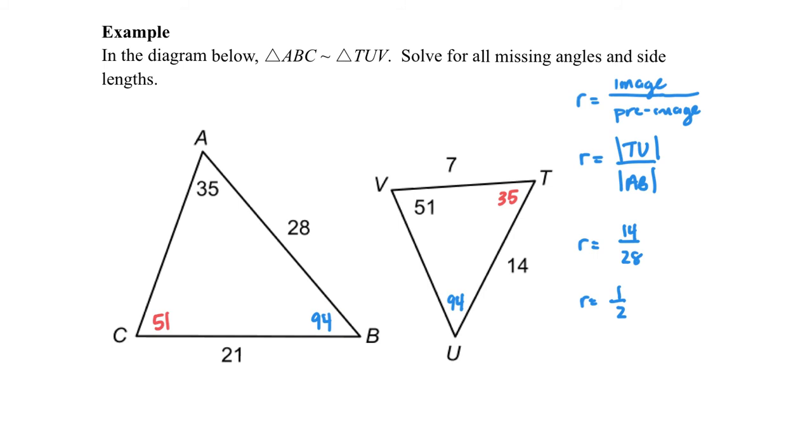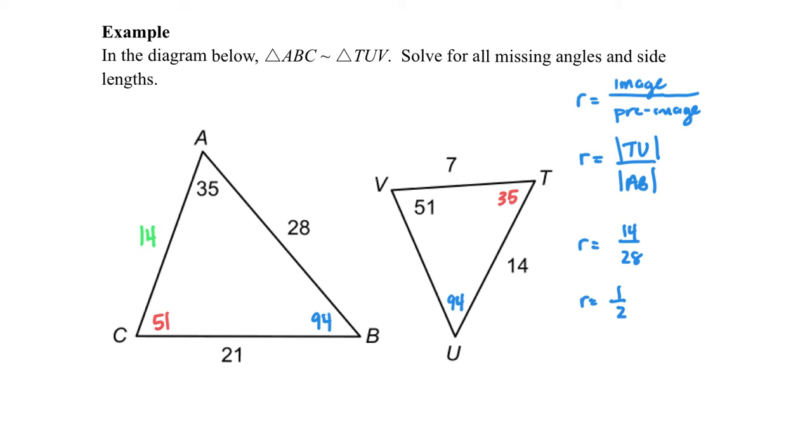So that means that 28 became 14. Well, what else? VT is the first letter and the last letter. So AC is the first letter and the last letter. So whatever the length of AC is, it got multiplied by 1/2 to get 7. So that makes this 14. AC is 14 because it follows the scale factor of 1/2 to get 7.